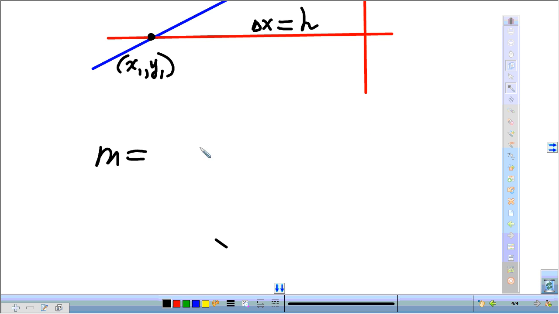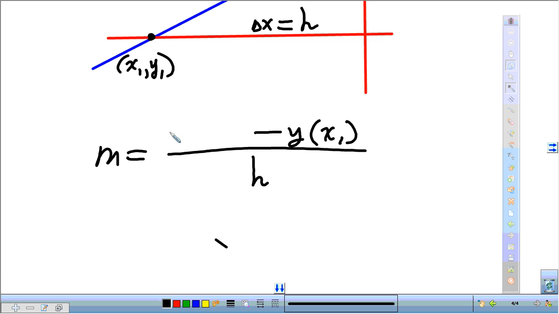So we're going to compute the slope, or one way we could look at that is divide by the change in x. I've rewritten that as h. Then we're going to compute y at the first value, and then go back to the equation and compute y again at the new value after we make the change of h.